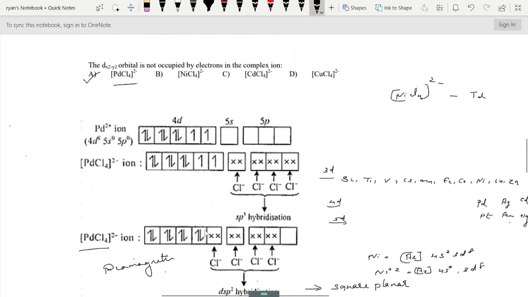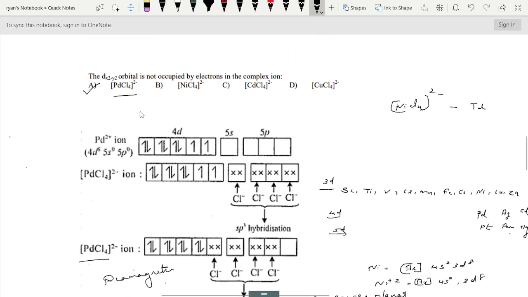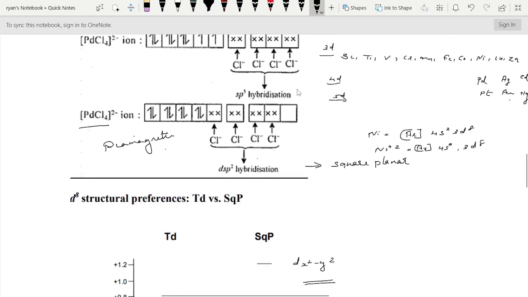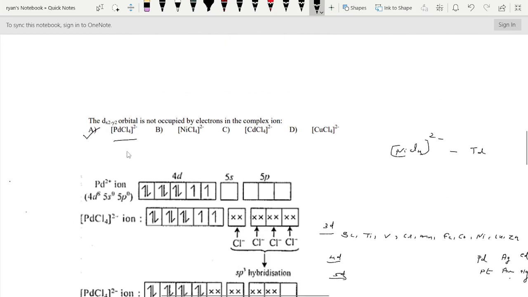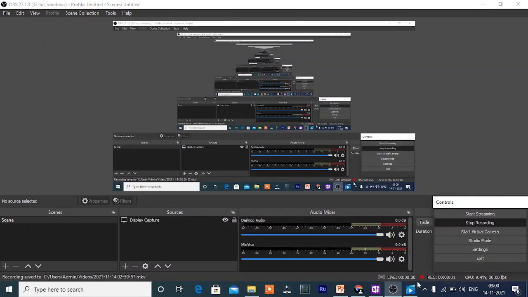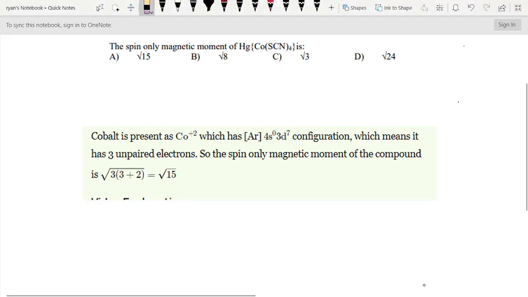Here also in C and D, dx² minus y² is occupied. Therefore the answer is PdCl4 2-. This question was asked in the 2020 Kerala SET examination.